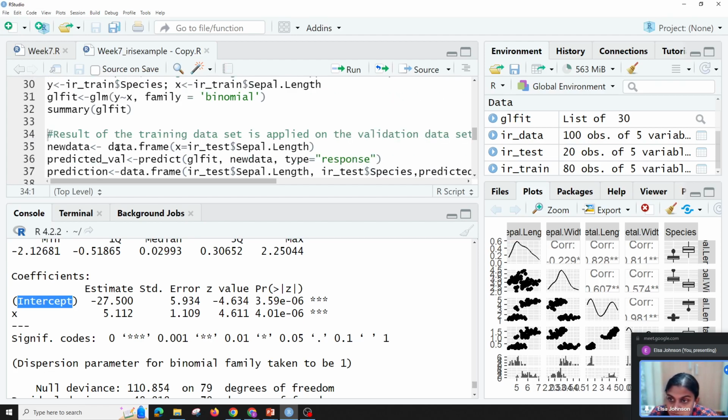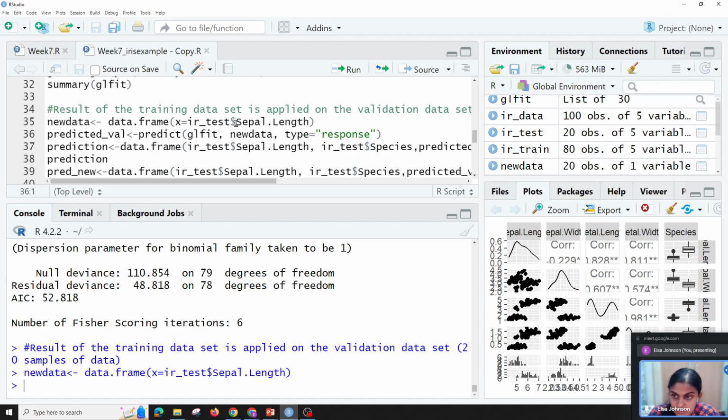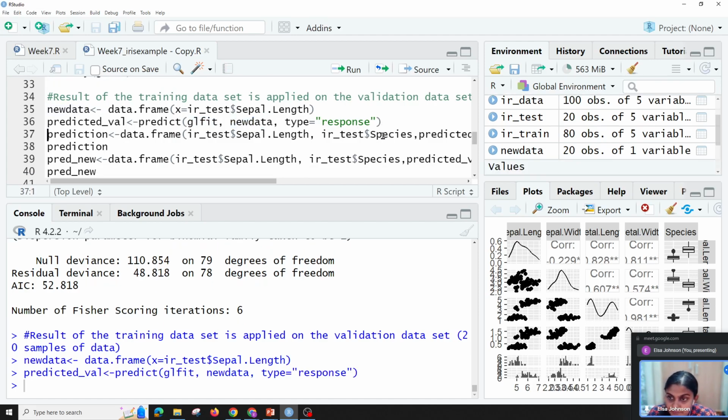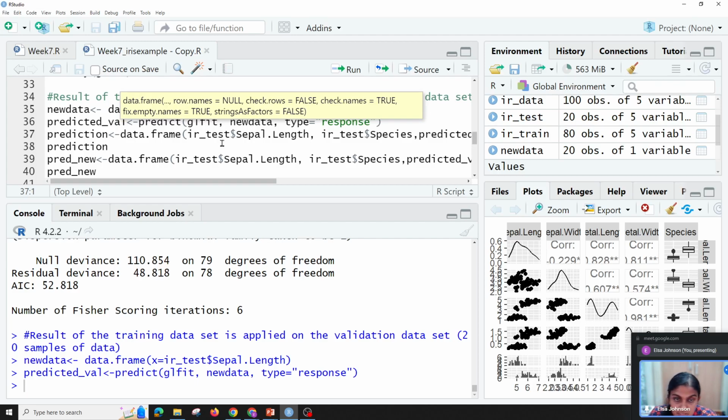Now I'm forming a data frame with IR test, and for the predicted value I'm giving predict GL fit, new data is our test data, and type response. And if you see the prediction, the predicted value is like that.